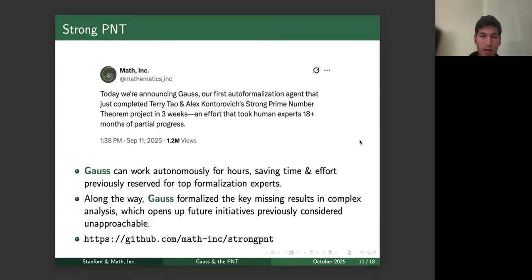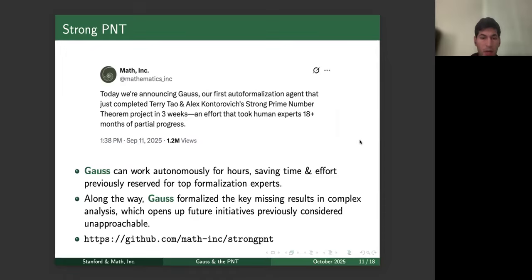This also opens up potential future projects that use complex analysis, which had been bottlenecked. For example, I gave a talk at a conference in Cambridge, Big Proof, in June, in which Marina Viazovska talked about wanting to formalize her paper on sphere packing in 8 dimensions.